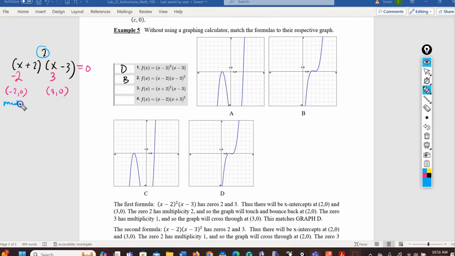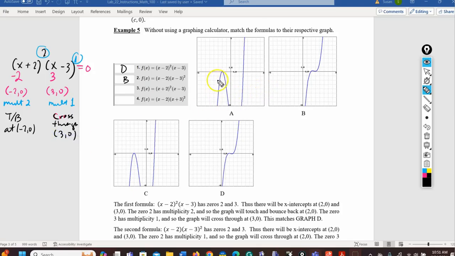This has multiplicity 2. It's even multiplicity. So it's going to touch and bounce back at our x-intercept. What about the multiplicity for this one? This has multiplicity 1. So we have odd multiplicity. So it's going to cross through at 3, 0.